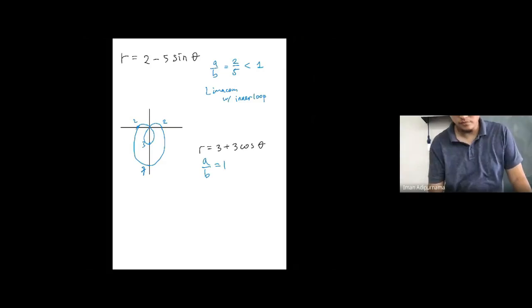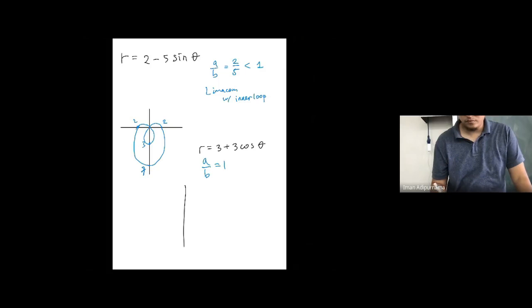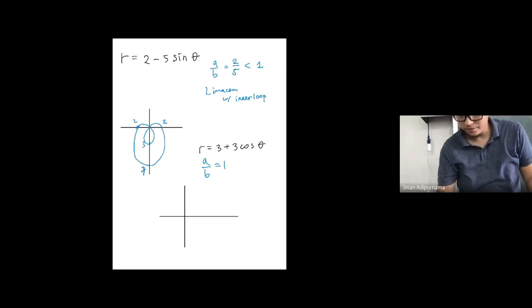So when A, B are the same, then it's not the inner loop, but the cardioid, okay, cardioid. But in cardioid, it works in a similar way to the limaçon with inner loop. You have 6, 3 plus 3 is 6. You have 0, which means there's no loop. It's 0, okay?